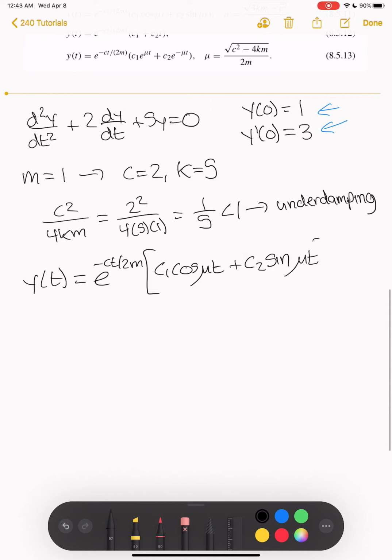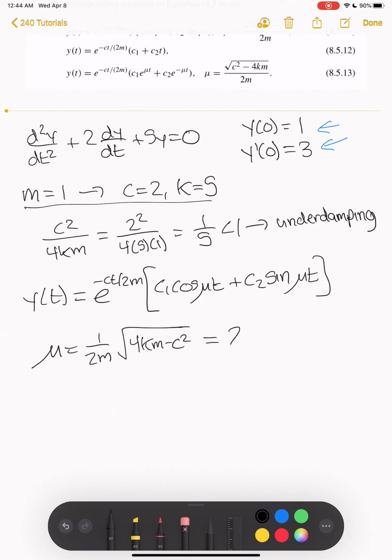It's 1 over 2m times the square root of 4km minus c squared. I still have that quadratic formula stuck in my head. What we do for mu then is we literally just plug in these values that we found. And we should get that this is equal to 2 if you plug them in.